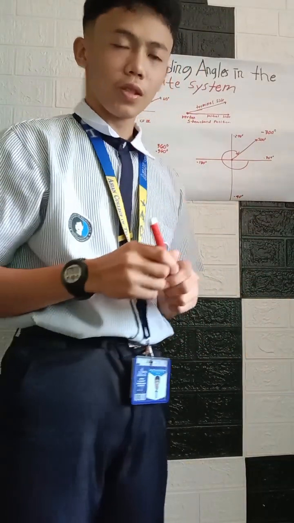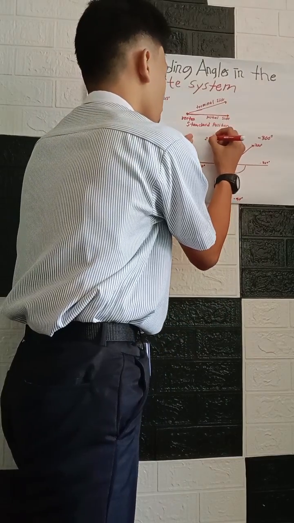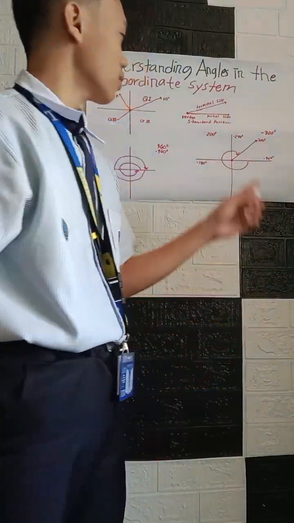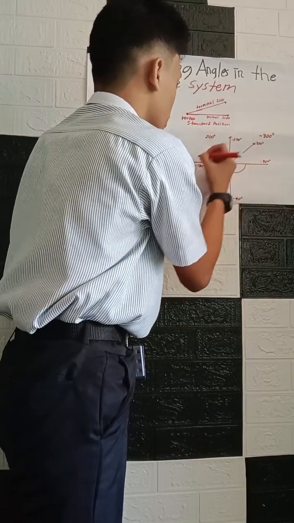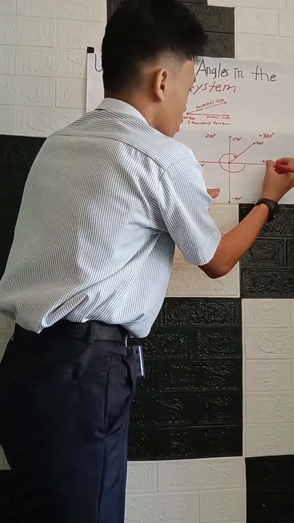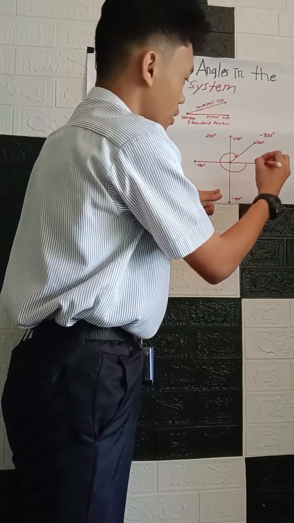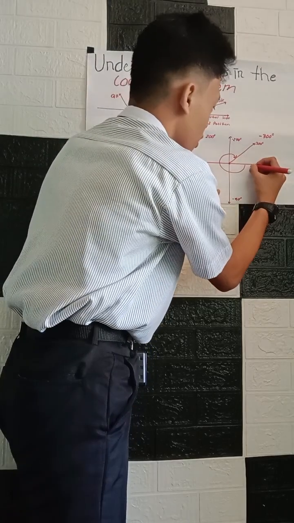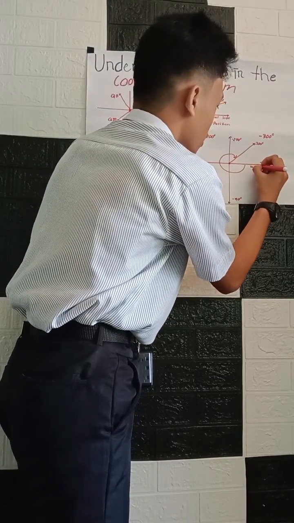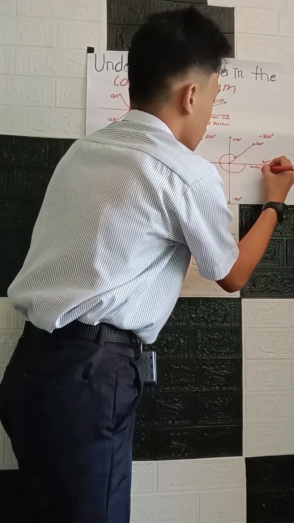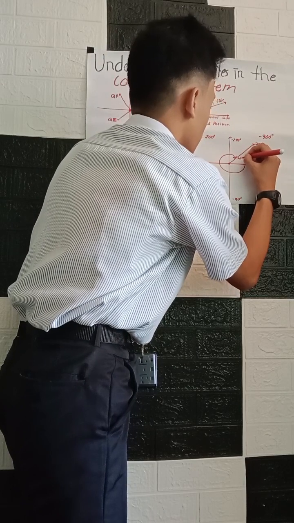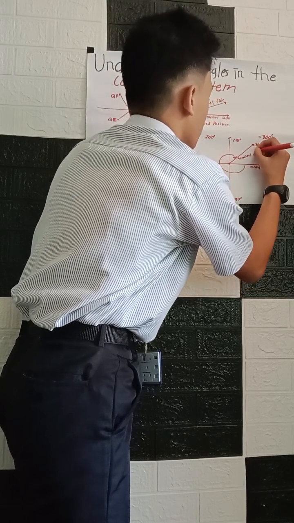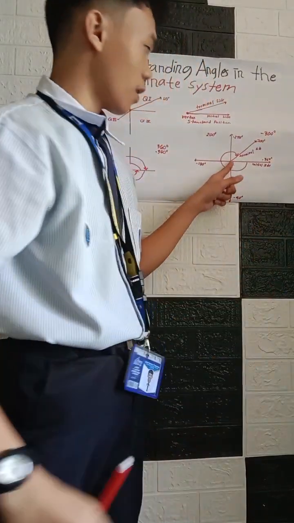And let's try positive 200 degrees. It is a counterclockwise rotation. We start at the initial side. This is our initial side, and this is our terminal side. Dili man siya ga-end ang atong angles.